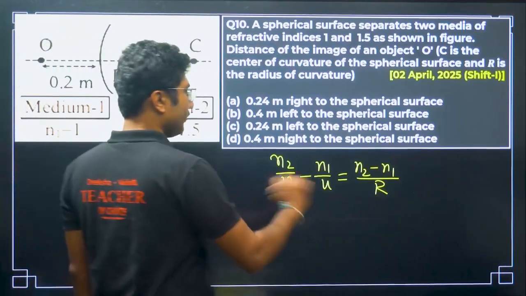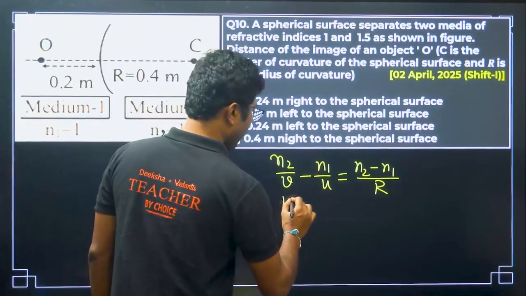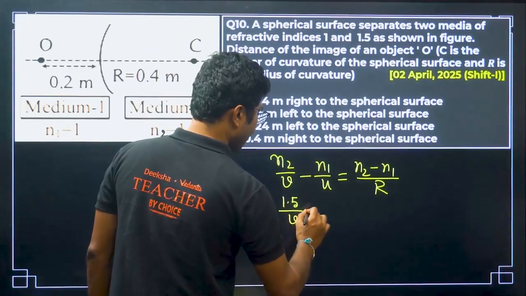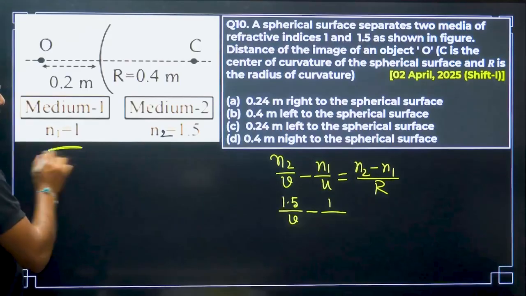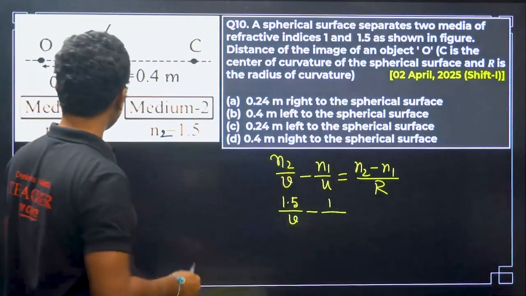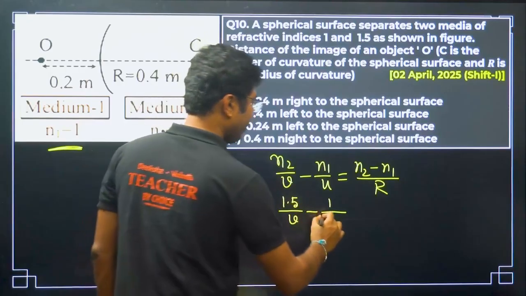V is not known, N2 is 1.5, so 1.5 by V minus 1, N1 is 1, and U is given as 0.2 meter, but it will be negative.